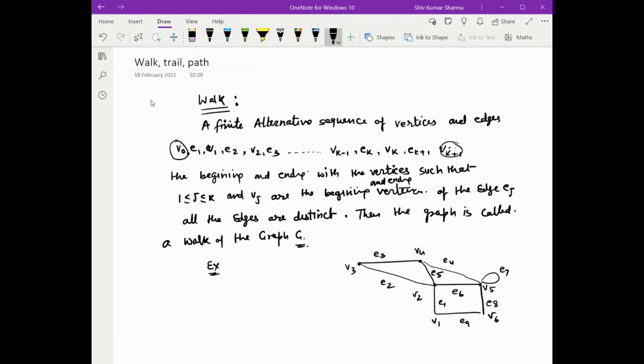So the total number of edges is 9 and vertices is 6.